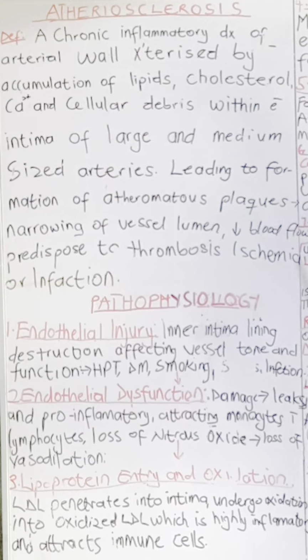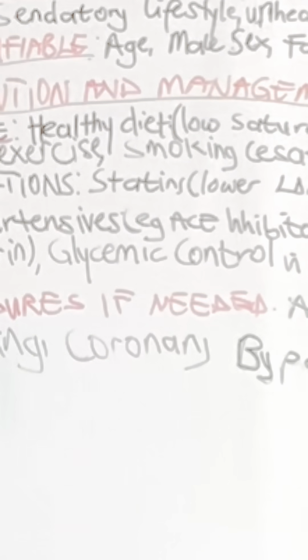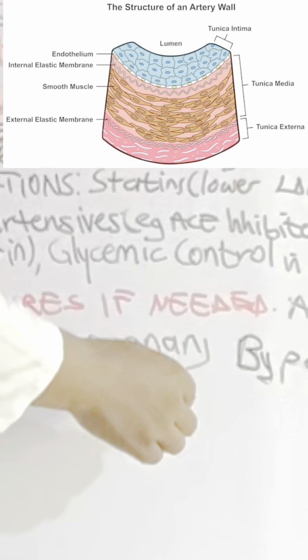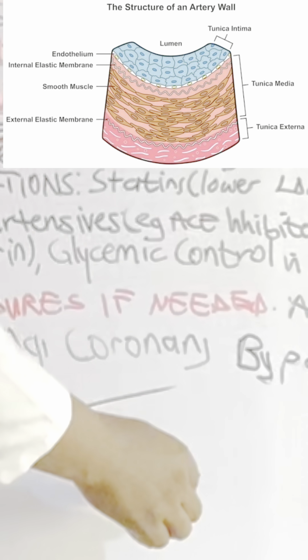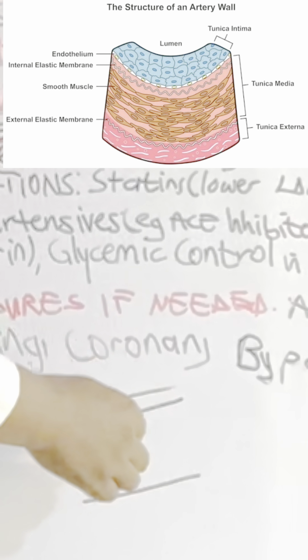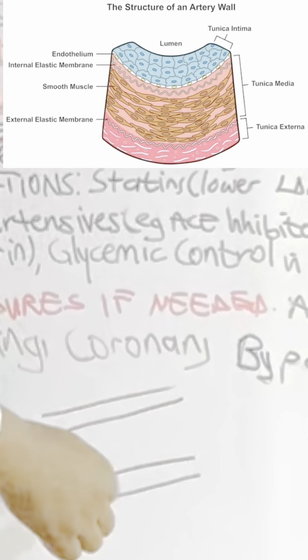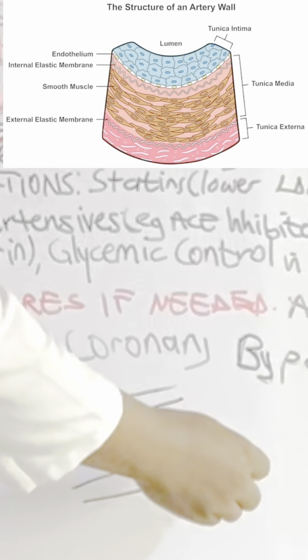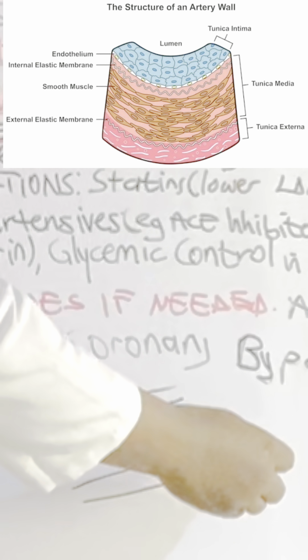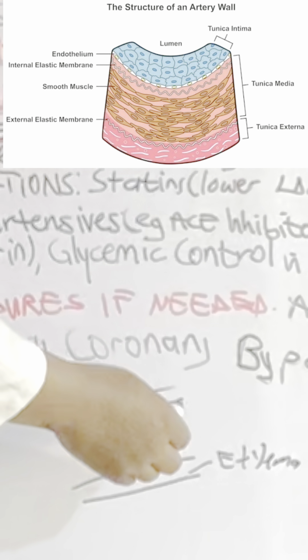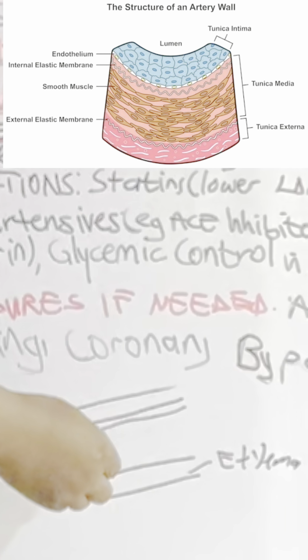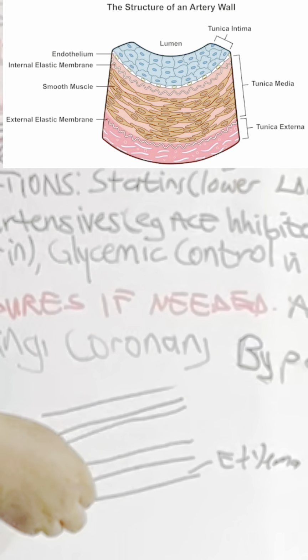So how can we put all this together? The arteries have 3 layers. You're going to have the tunica externa outside. Then you're going to have your tunica media over here.